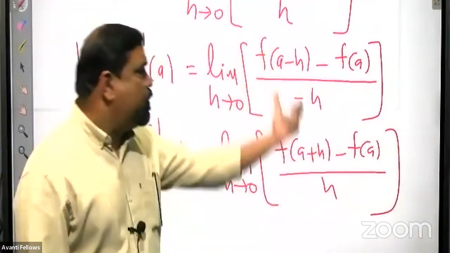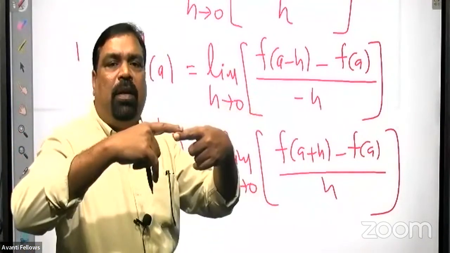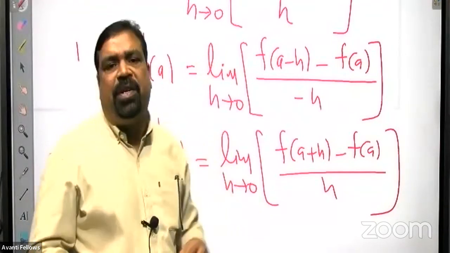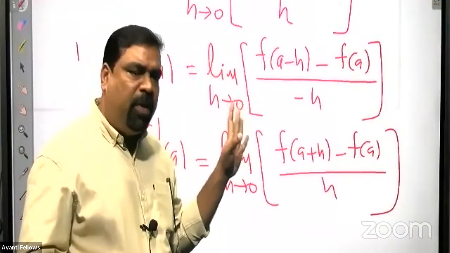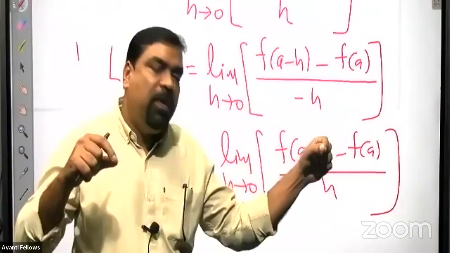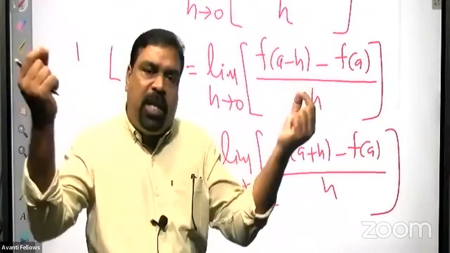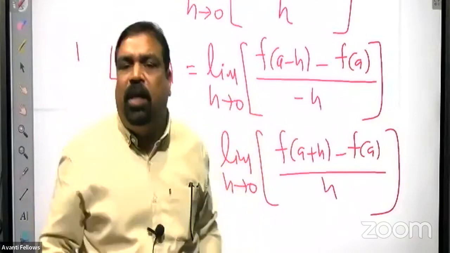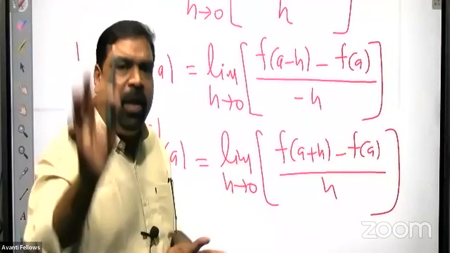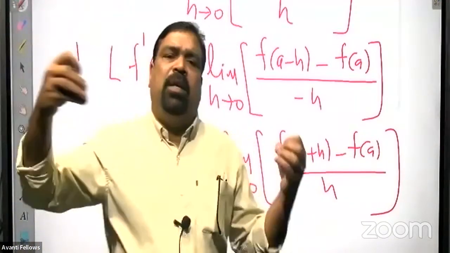This is the left-hand derivative, and this is the right-hand derivative. If both values exist finitely and both are equal, then only we say that the function is differentiable at the point a. And if the function is differentiable at every point in its domain, just like a continuous function, then we say that it is a differentiable function.